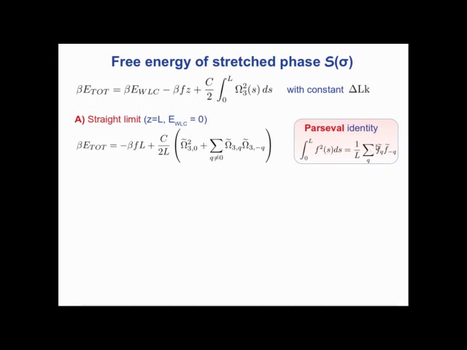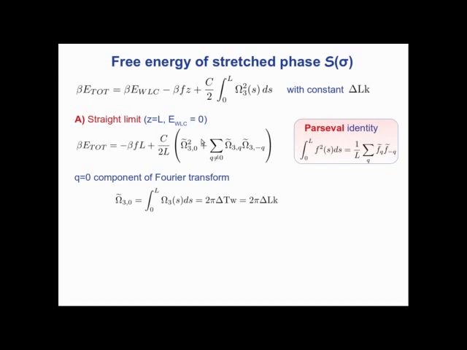So I go into Fourier space. This sum contains the q equal to 0 term and the q different from 0 terms, so I separate the two. This one is the q equal to 0 term, and these are all the q different from 0 terms, and tilde denotes the Fourier transform.